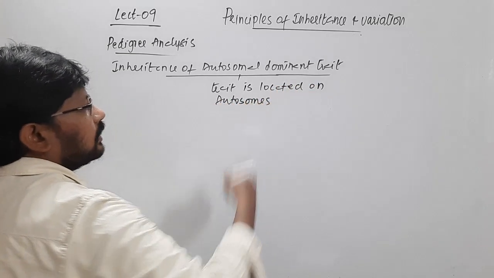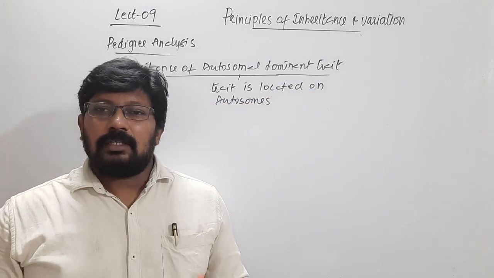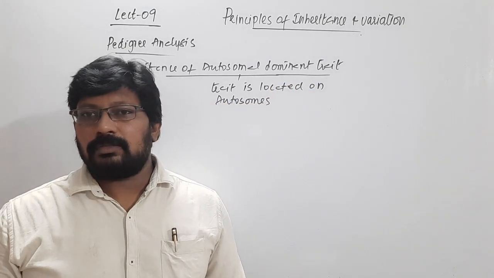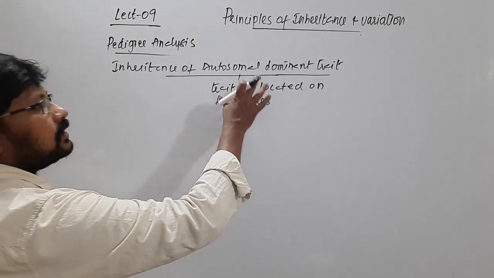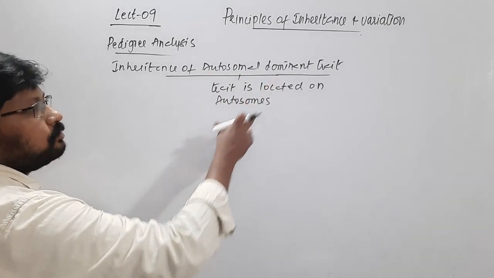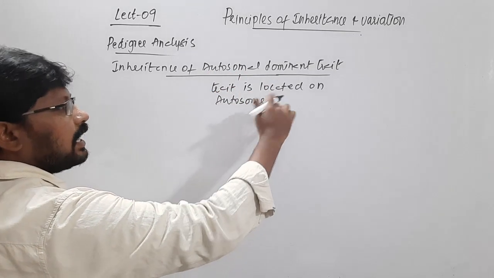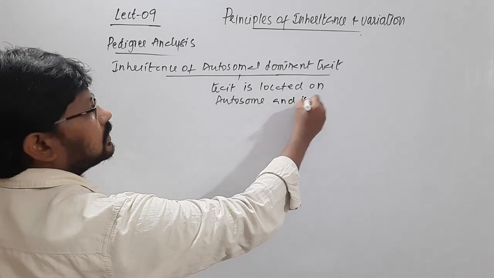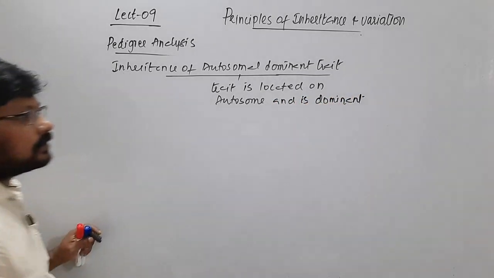I told you that except the sex chromosomes, X and Y, all the remaining chromosomes are called autosomes. So when I say autosomal dominant trait, it means that the trait is located on an autosome and is dominant.